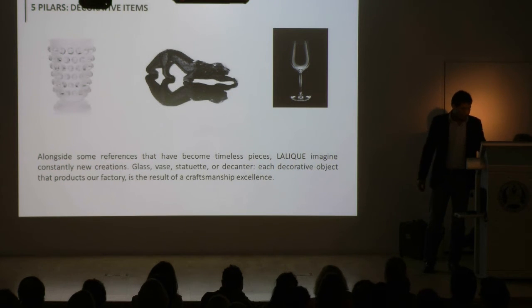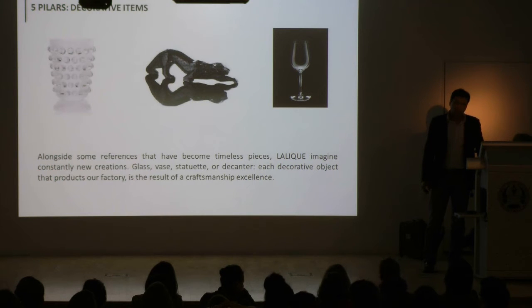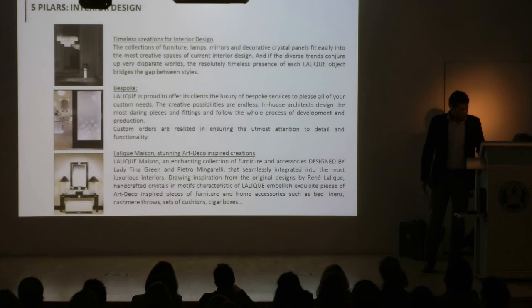We have other decorative items, and also glasses, which we will see later. We have a new collection called 100 Points, which is 100 pieces from glasses for water and wines to decanters and so on.